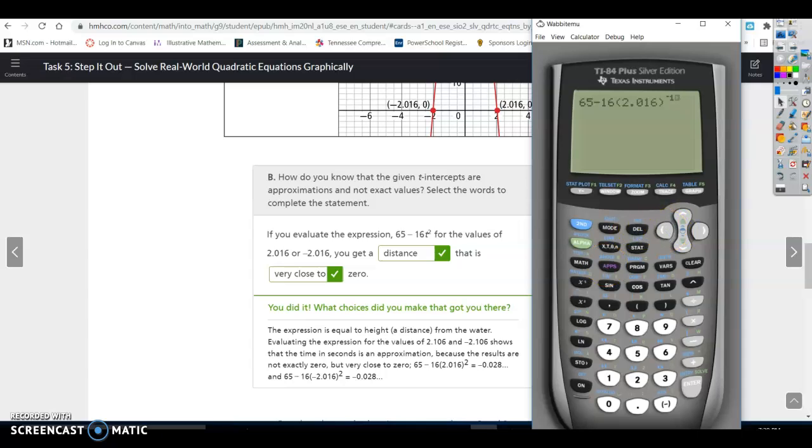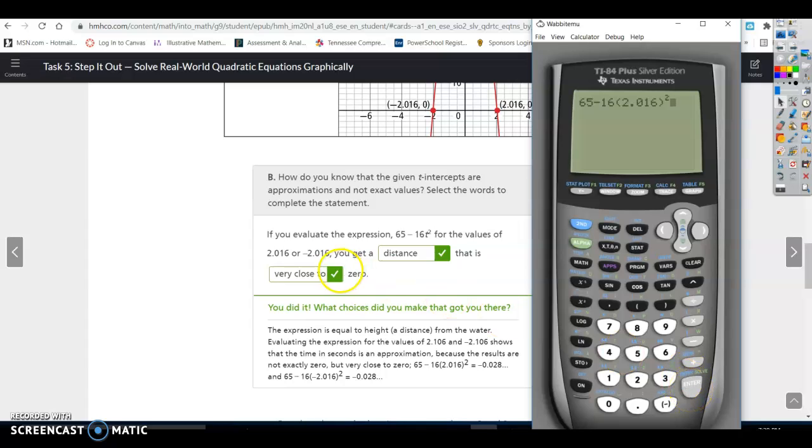Whoops. Wrong thing there. Let's go back here and delete that. Okay, so now I'm going to square it. I hit the inverse button instead of the squared button. So we've got 65 minus 16t squared, and in place of t we put 2.016. That looks correct.